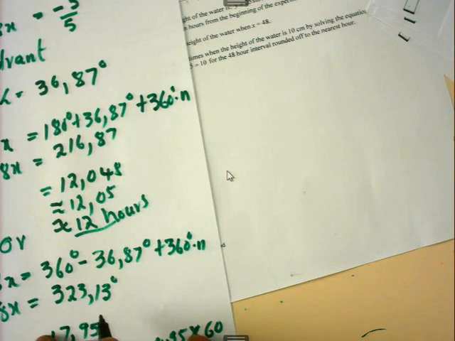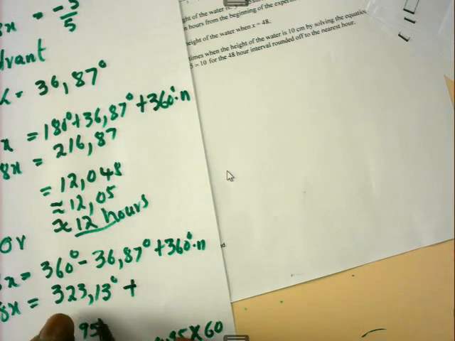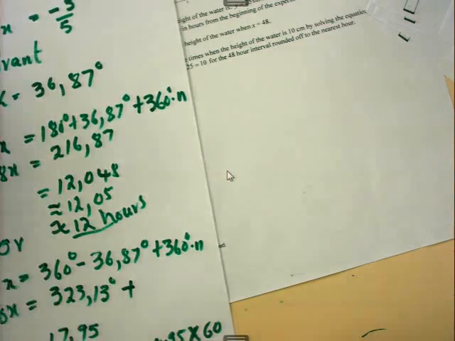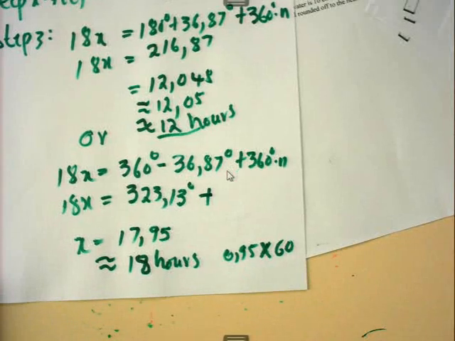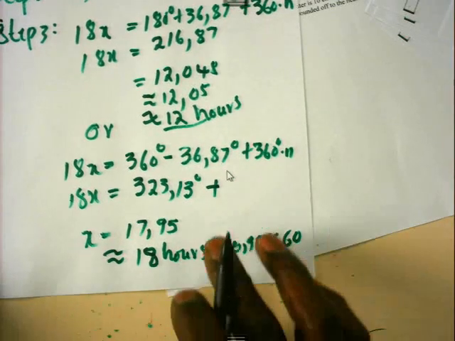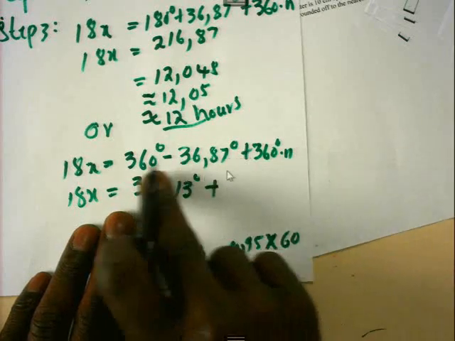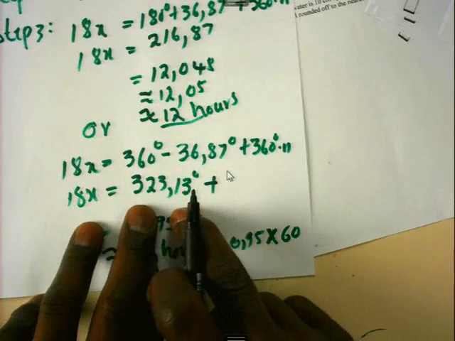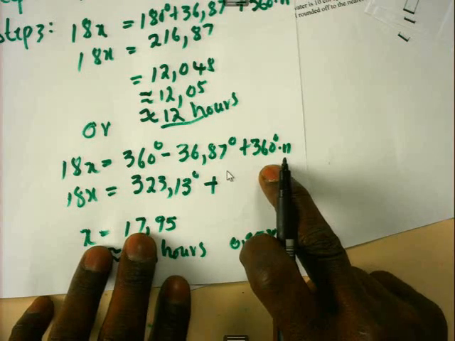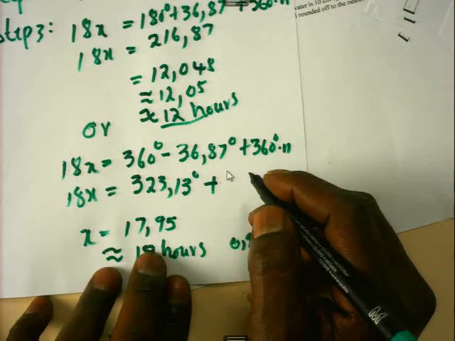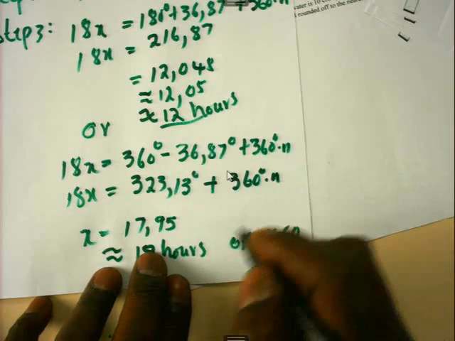And here will be 323. I'm trying to rectify this. If we subtract 36.87 from 360, we've got 323.13 plus 360 degrees times n.